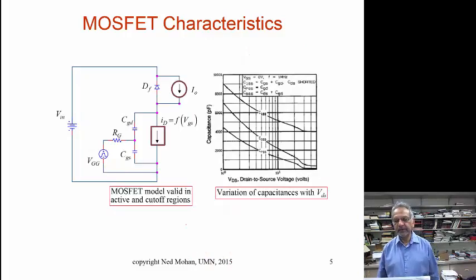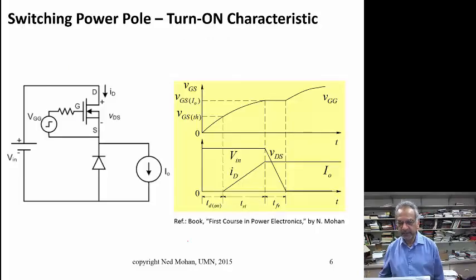So to obtain the switching characteristics, one can go to a circuit model as you see here, and again we will not go into the details of that, but rather we will look at it from the terminal characteristics point of view. Let's take this buck converter where we have this MOSFET, and we can assume this diode to be ideal here, and the output stage of this buck converter can be represented with a current source over here.